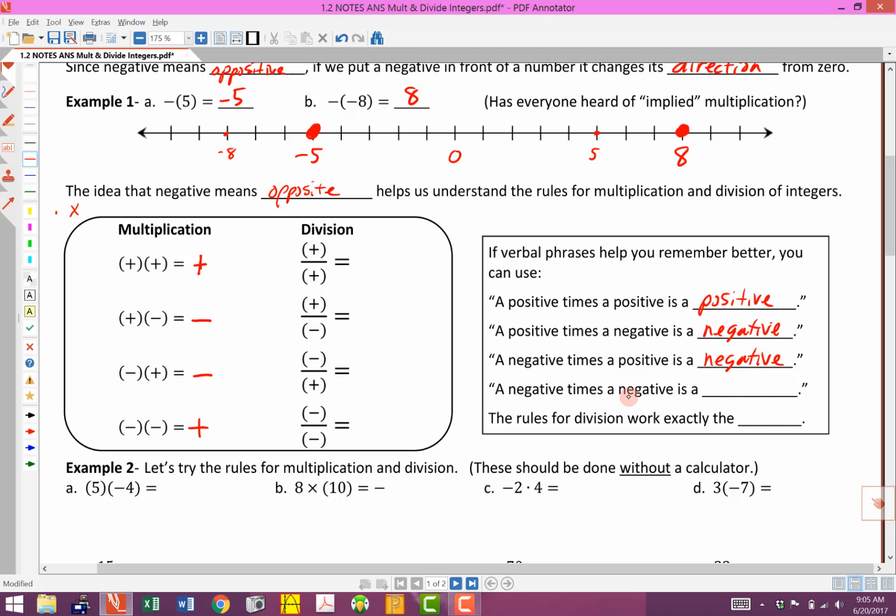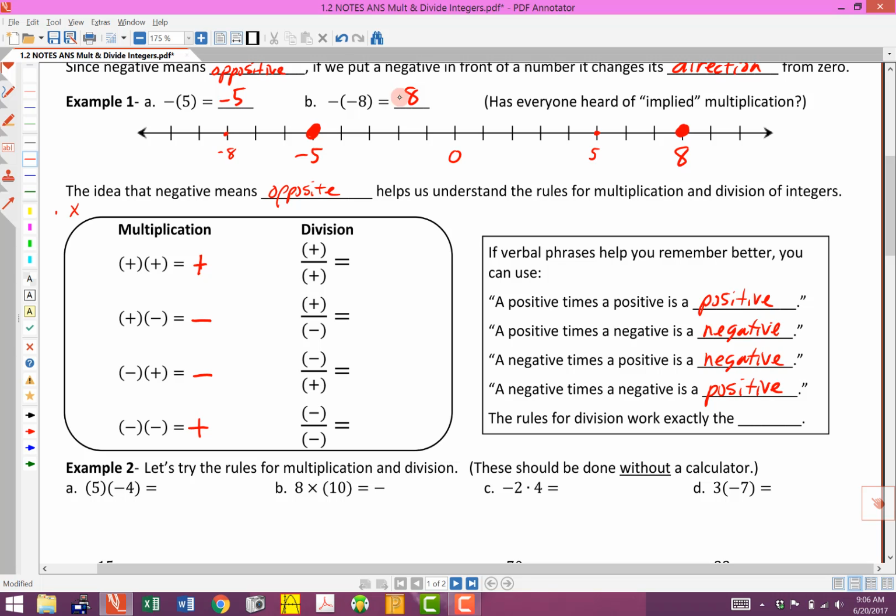And then if we have a negative times a negative, then we end up with a positive. Now, what I'd like you to take a look at is, that's kind of like what we did up here. This was a negative times a positive, so we ended up with a negative. This was a negative times a negative, so we ended up with a positive.